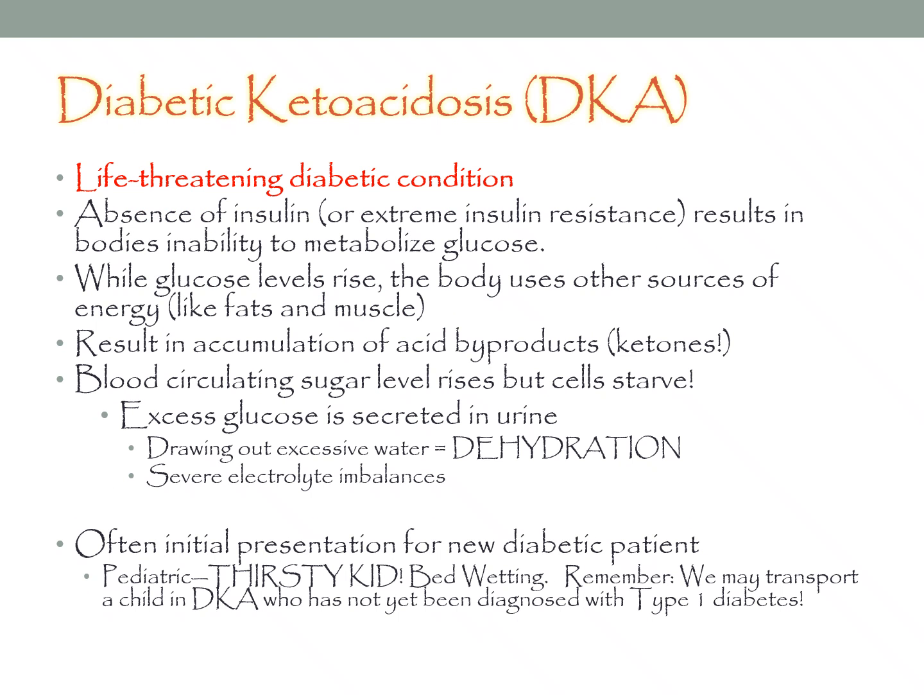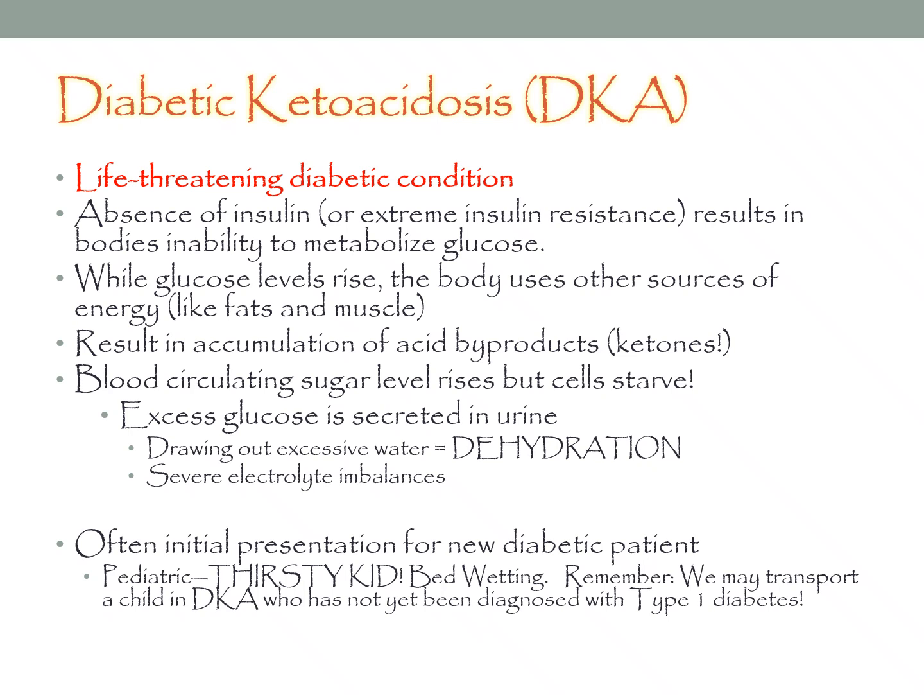DKA, or diabetic ketoacidosis. It's a term you've probably heard a lot, but might not be intimately familiar with what it is. Diabetic ketoacidosis primarily occurs in type 1 diabetics. But remember, DKA can occur in patients prior to a diagnosis of diabetes, and this will be the first onset, essentially, of type 1 diabetes.